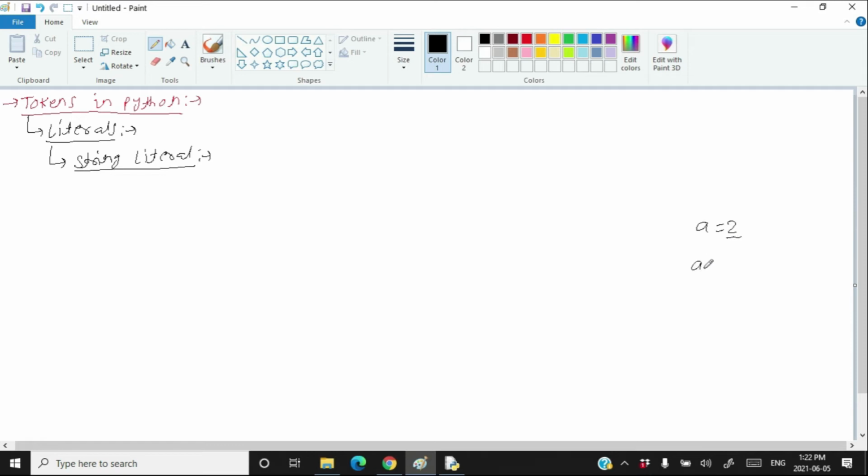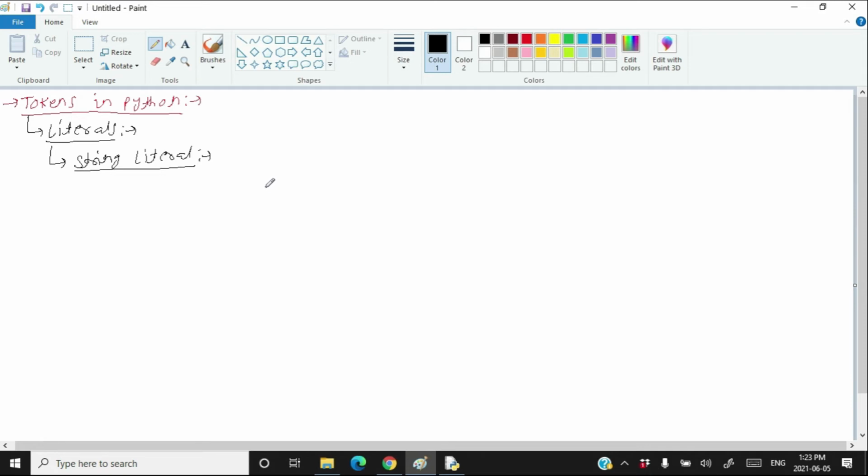But sometimes you have a string constant. String means an English-like constant, like "hello". This is a constant. This is not the numeric constant, but the English-like constant. This is just a value which has been stored in the variable a. So if you write anything and keep that in the double quote, that becomes a string constant. Not only double quote. If you write anything and keep that in the single quote, that one also becomes a string constant.